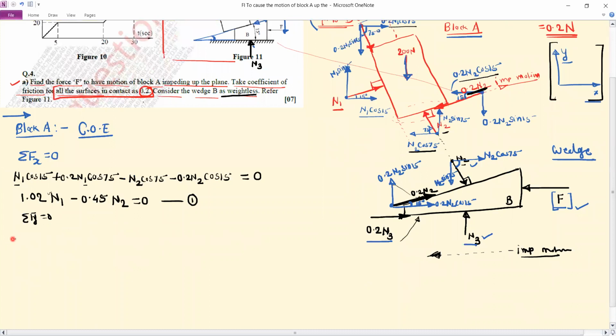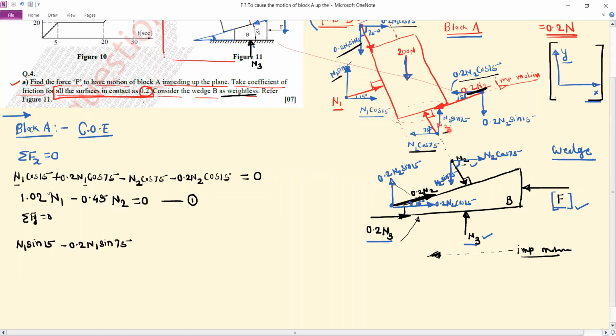So for summation fy, consider all the y components. So consider this n1 sin 15, so it is plus. Next, this 0.2 n1 sine 75, it is minus, so minus 0.2 n1 sine 75.